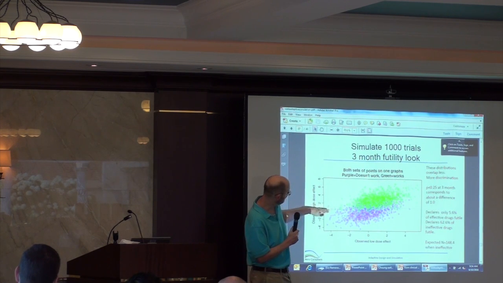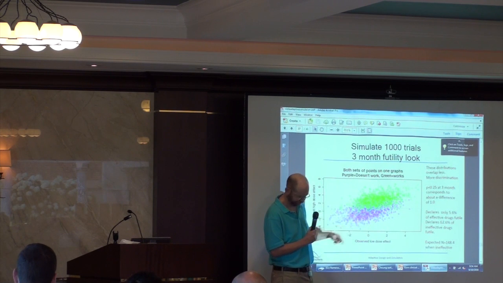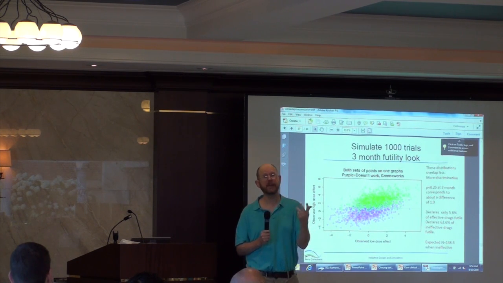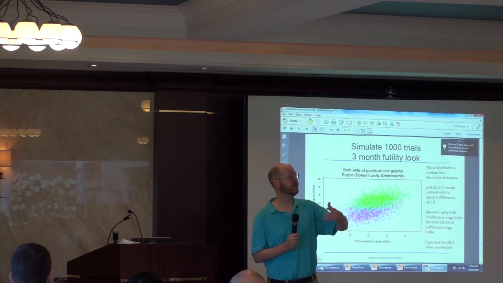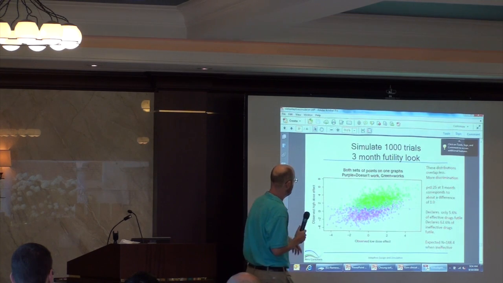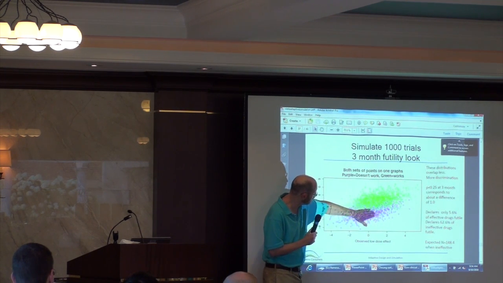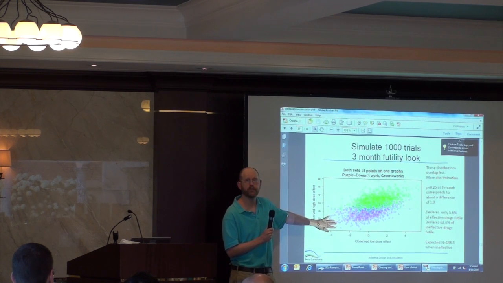The dashed lines are my futility rule. I had a rule that said your p-value had to be less than 0.25. I back solved that: what treatment effect do you need in order to get a p-value less than 0.25? It turns out that in this region right here, all of these trials are considered futile.